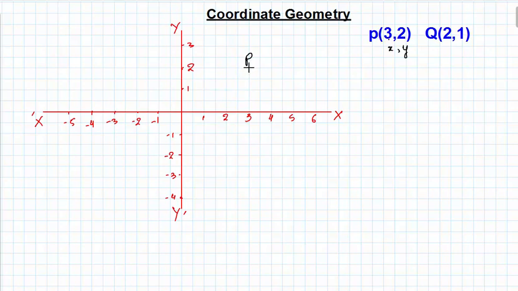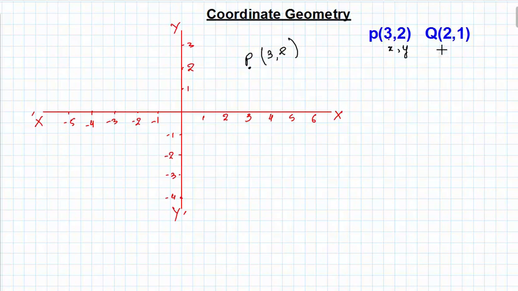This is point P which has coordinates 3, 2. Now you may have understood how we can locate the point 3, 2 on a graph in a plane.